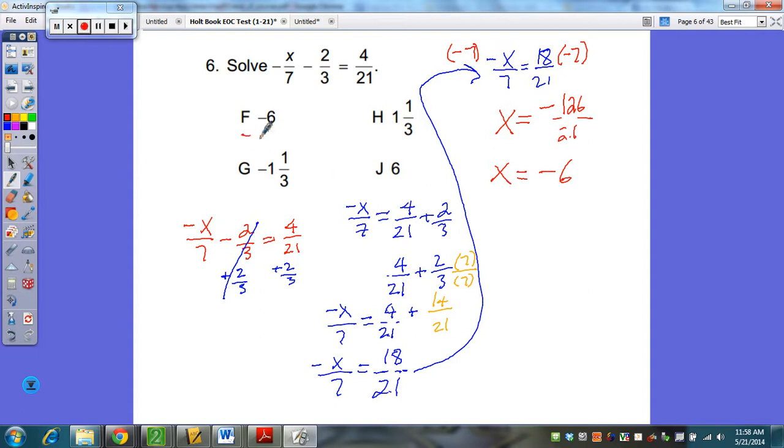So my answer, negative 6. Be careful, because something like that is there to almost trick you. It's saying that you did not multiply by the negative. You only multiplied by the 7. So we lost the negative in the process here.